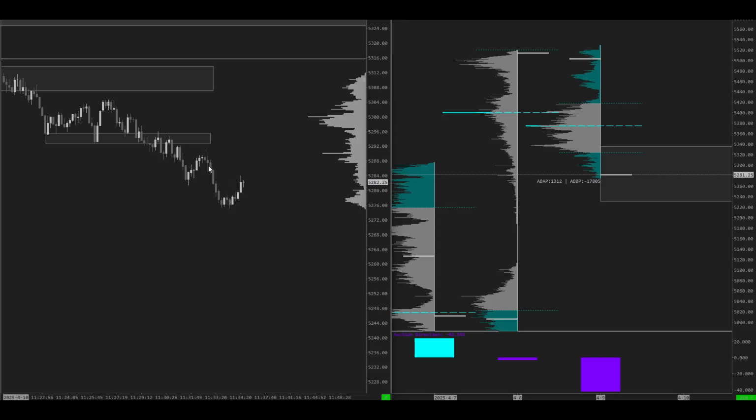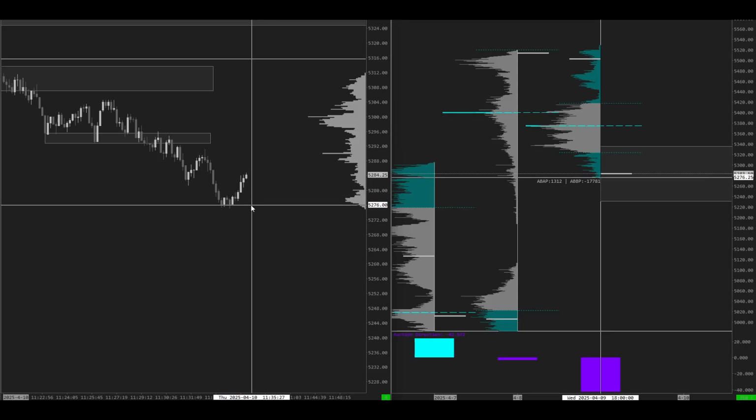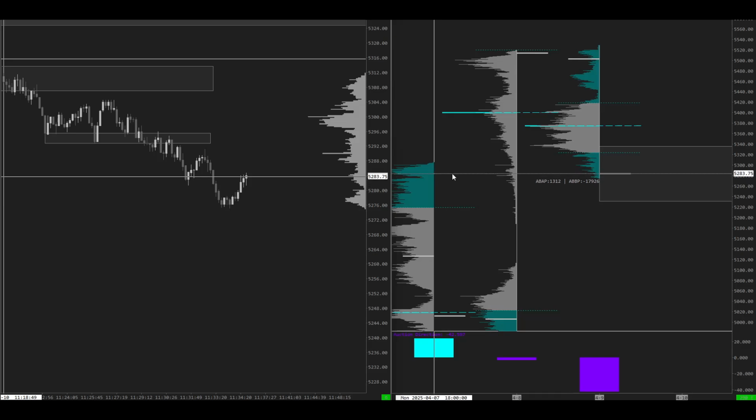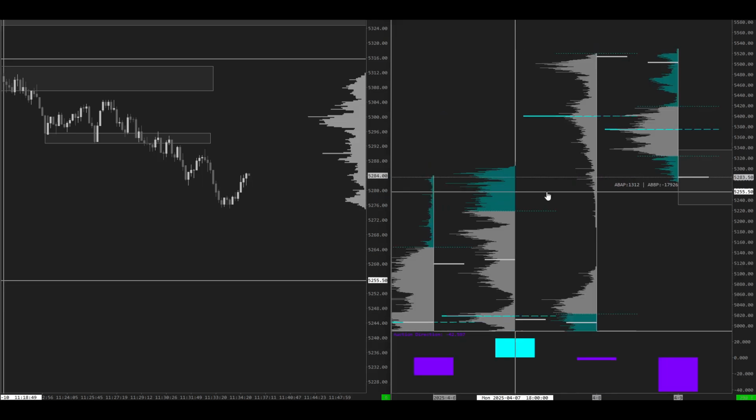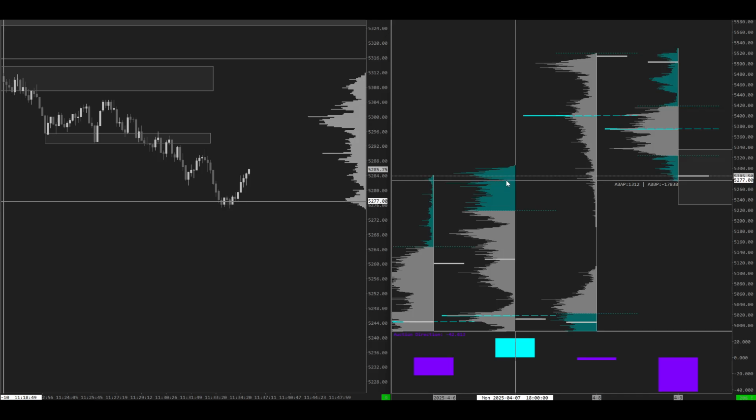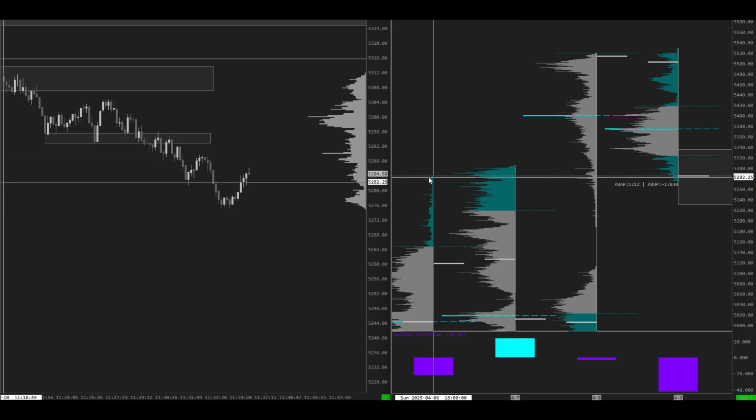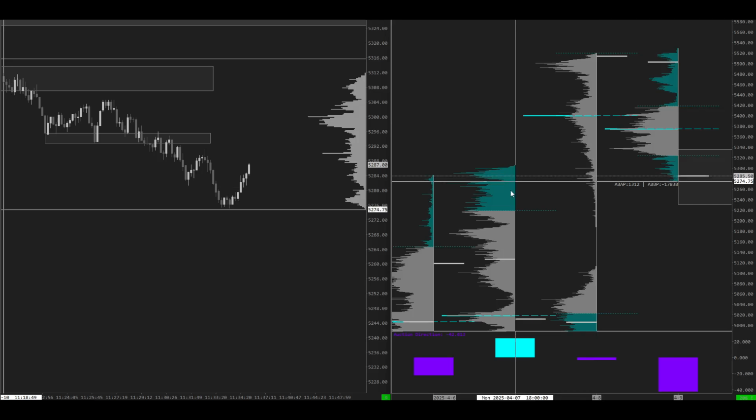I think bulls are going to get the memo here if they put in another lower low. We're getting well below that now. That high. We even tested below the Monday high as well.